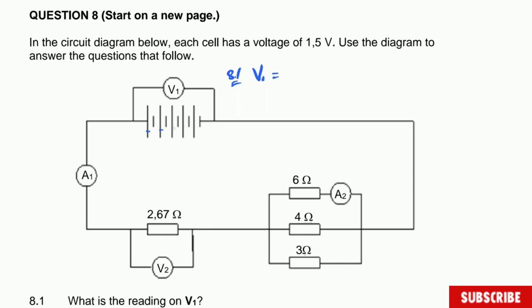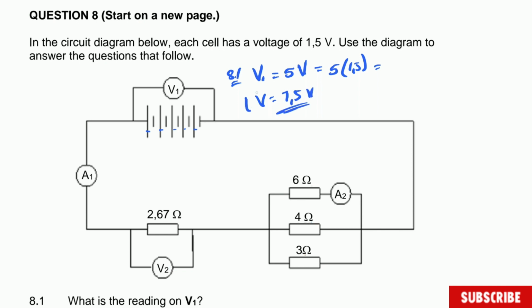You have 1, 2, 3, 4, and 5 cells. So it will be 5 times the V of one cell, which is 5 multiplied by 1,5, and that will give you 7,5 volts. So V1 is equal to 7,5 volts.